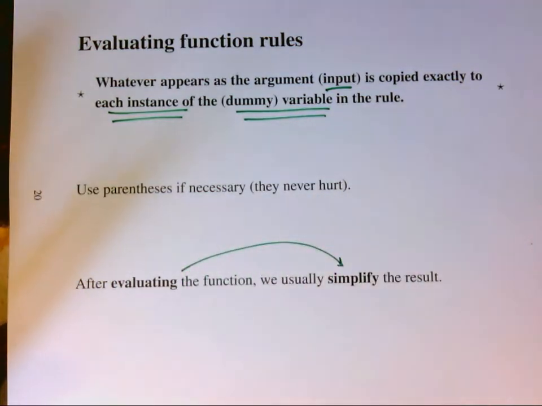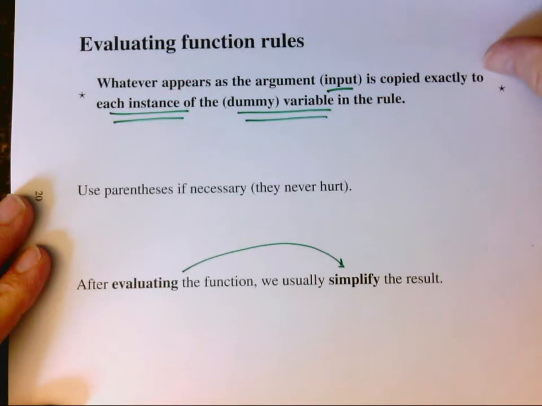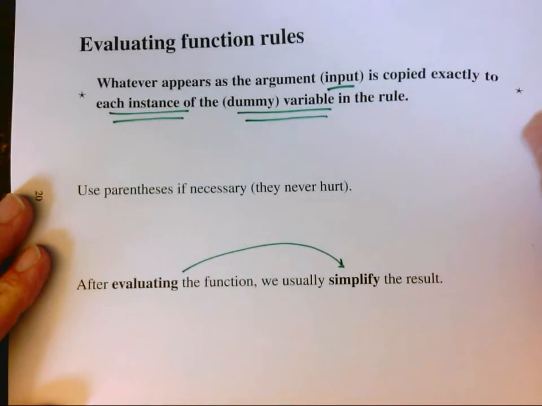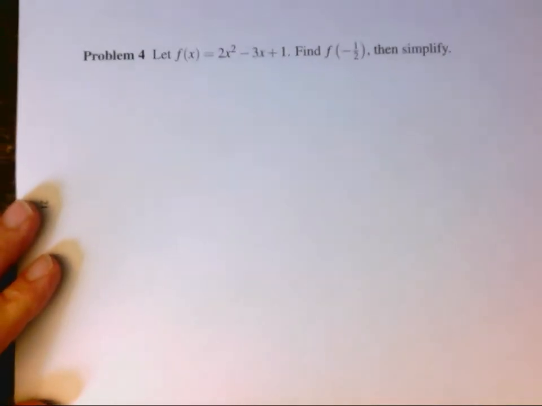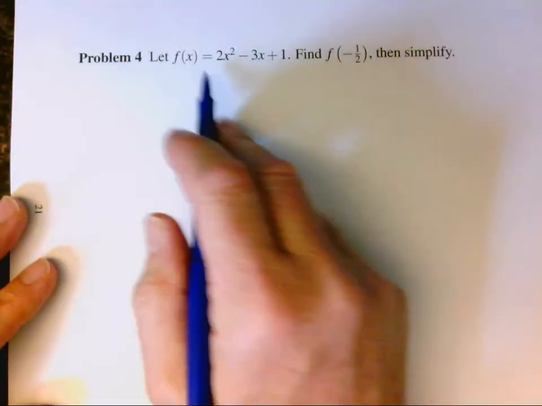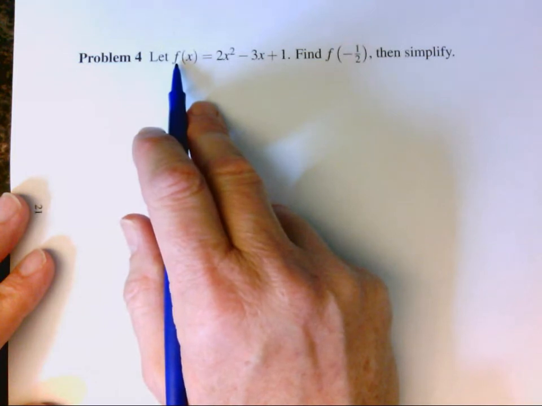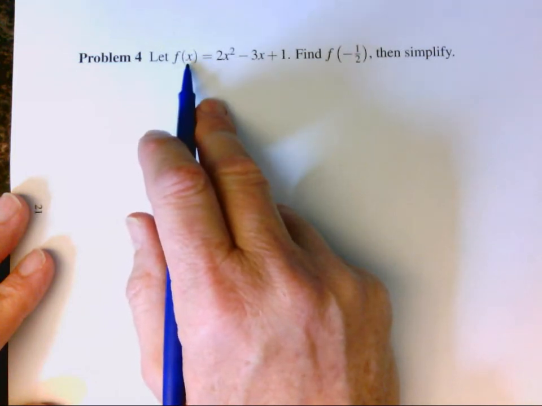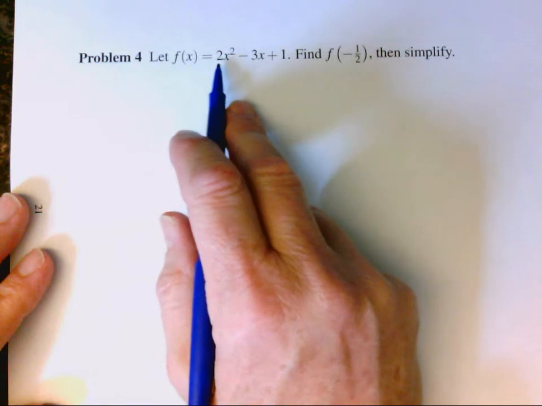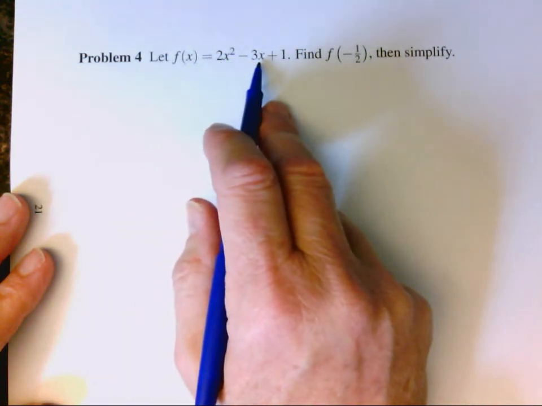After you've done the function evaluation, then you have an algebraic expression, and you can treat parentheses and variables just the way you've always treated them before. So, for instance, here's an example. We've defined the function f to have the rule that for whatever its input is, you square the input, multiply by 2, minus 3 times the input, plus 1.